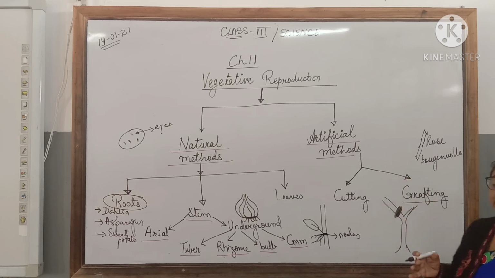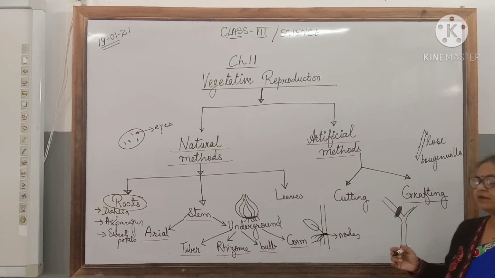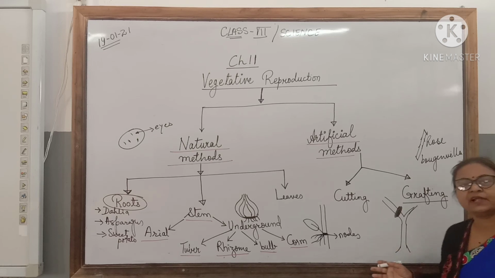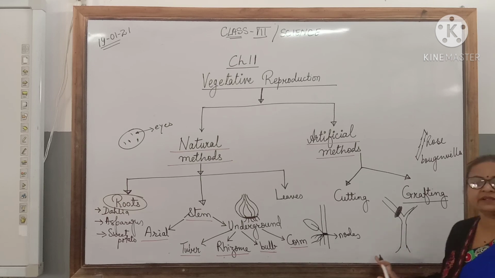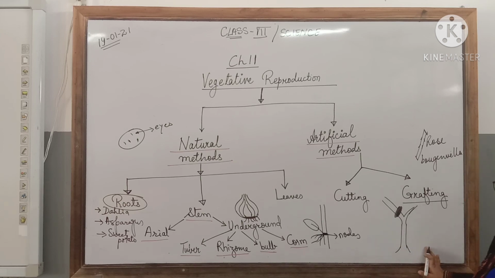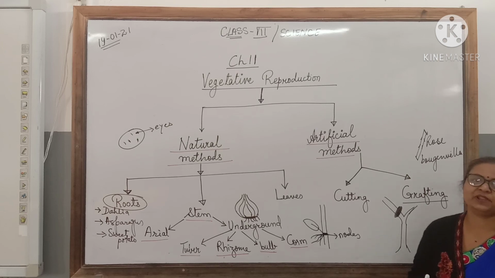You may have different varieties of roses on one plant only. So in the flowers and fruits, this grafting method can be used. The horticulturists use this method to develop new varieties of plants.